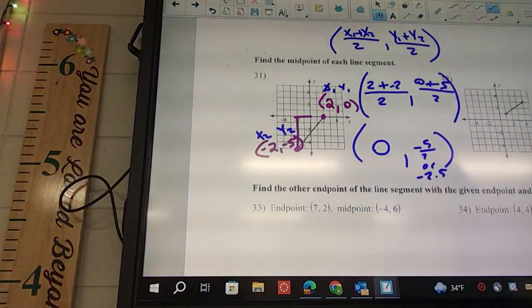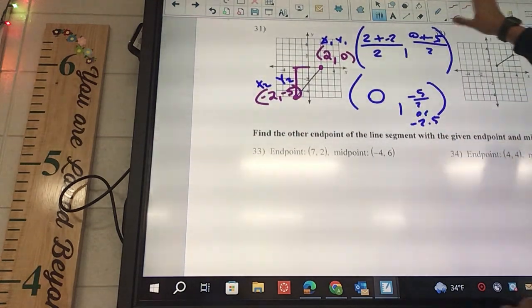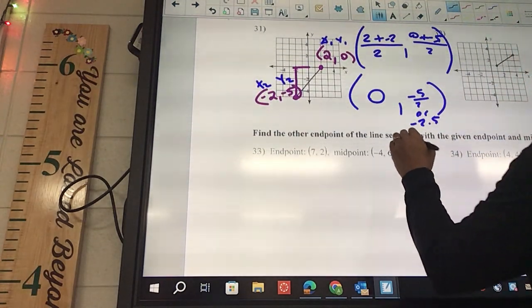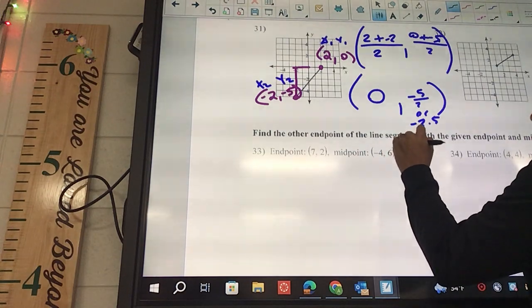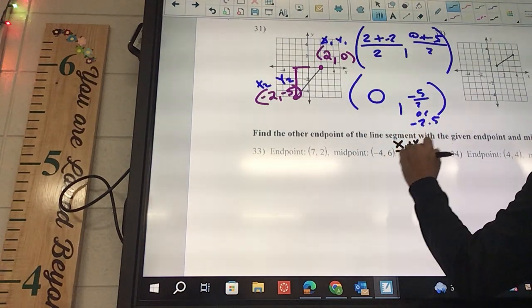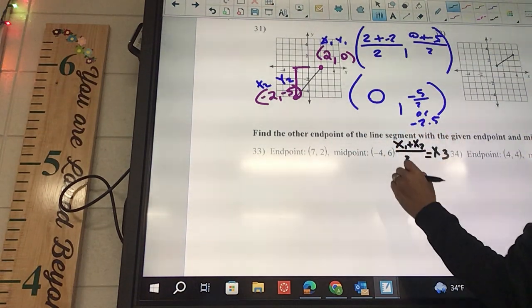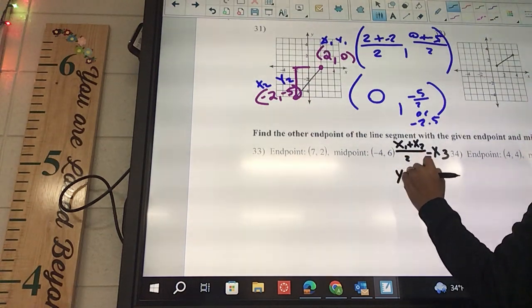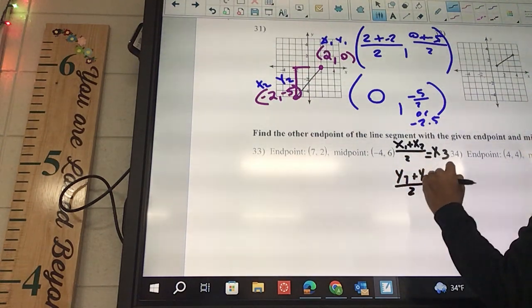Okay, for the midpoint and endpoint, this is the formula. It goes like x1 plus x2 over 2 equals x3. y1 plus y2 over 2 equals y3.